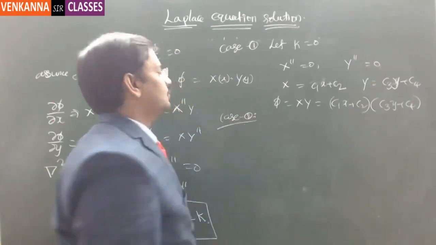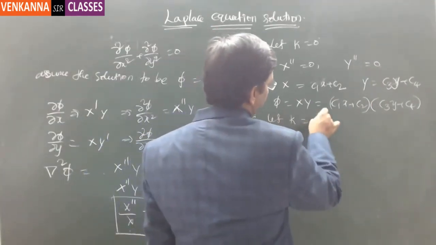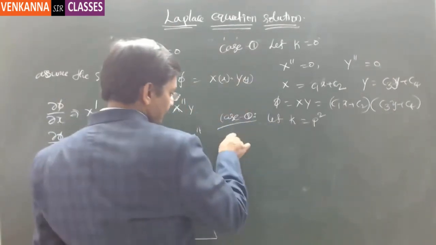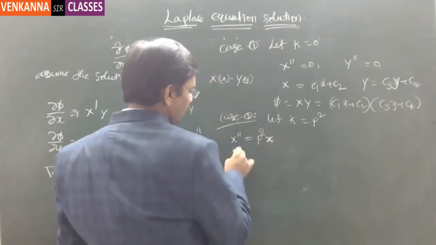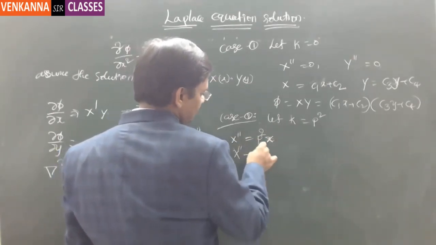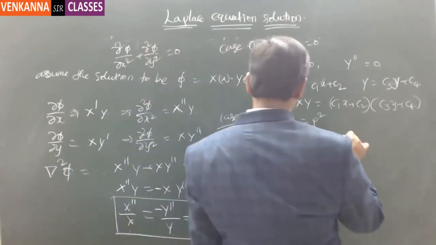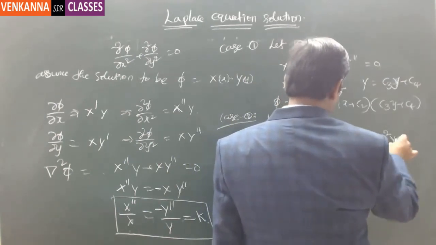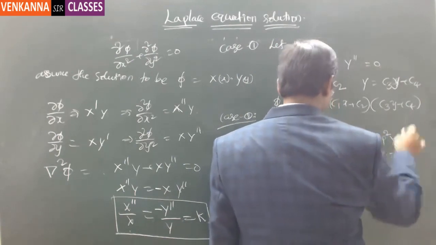in case 2, let k equal to p square. Now if k is equal to p square, then x double dash equal to p square x, and x double dash minus p square x equal to 0, and then y double dash equal to minus p square y, or y double dash plus p square y equal to 0.